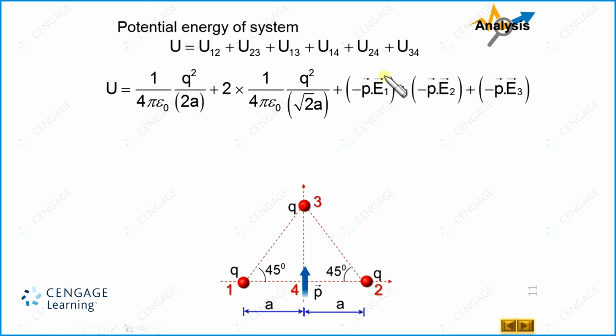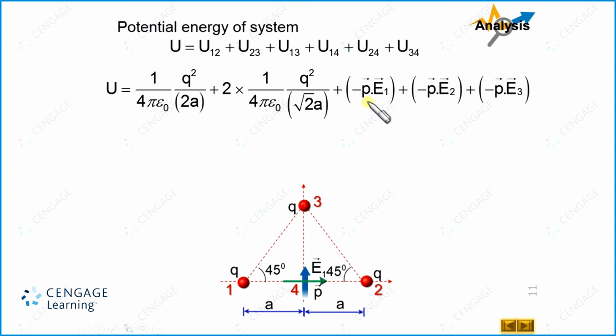Let us calculate this value P dot E1. P is the dipole moment and E1 is the electric field generated by this charged particle at the center of this dipole. We know this is a positive charge. The electric field here should be in the rightward direction like this. So this is the E1 vector. We can observe the angle between the dipole moment and the E1 vector is 90 degrees.